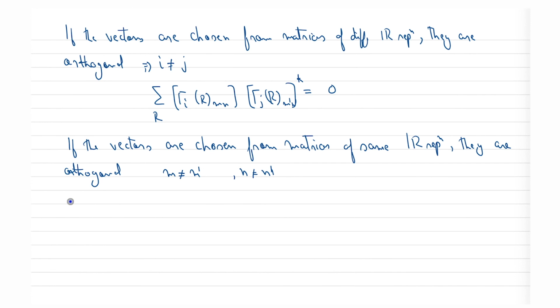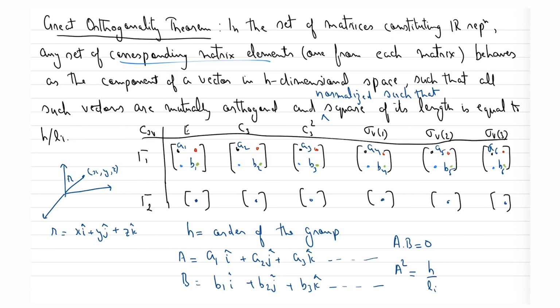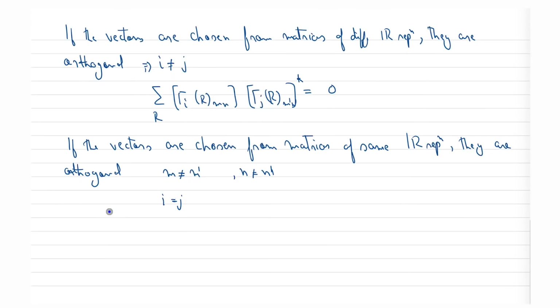Okay, now the normalization condition. For normalization, we have i equal to j, and we have to take the same product. Normalization condition means that you are taking a product of a1 with a1, right? So i is equal to j, m is equal to m prime, n is equal to n prime, because we are multiplying the same vector twice.